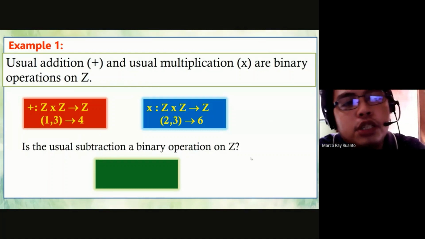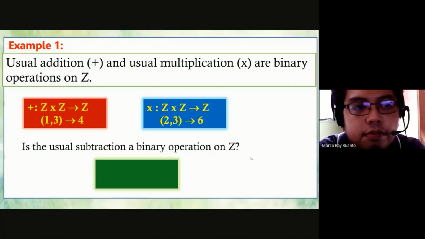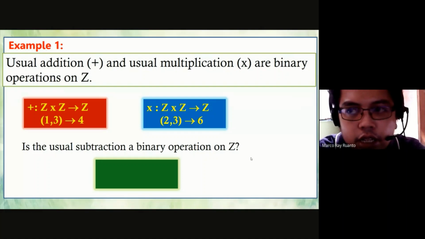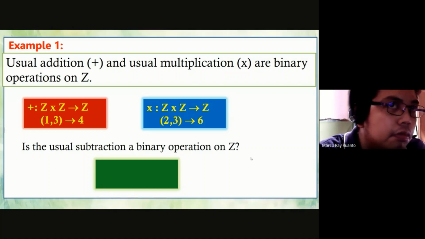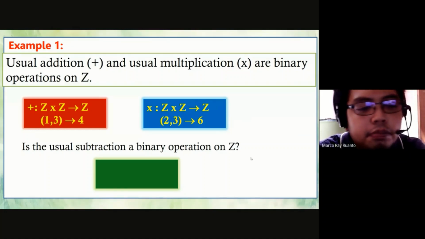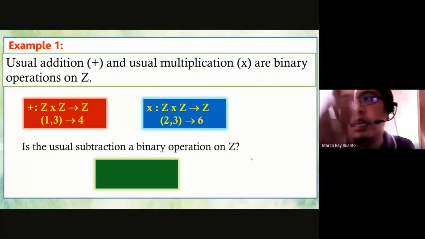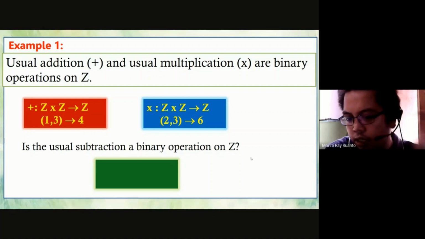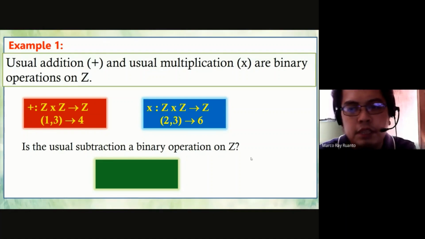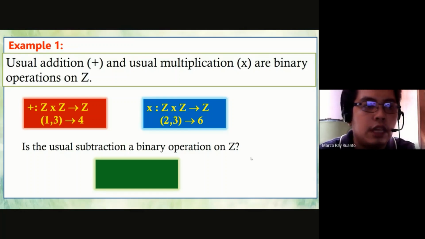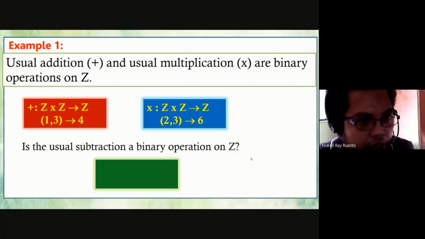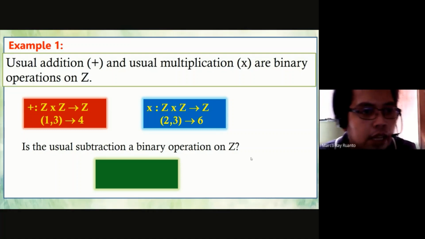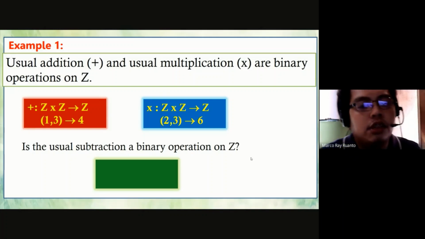Is the usual subtraction a binary operation on Z? Integer minus integer, what is your result? Is it still an integer? When you say integers, they are 0, positive counting numbers like 1, 2, 3, 4, 5, 6, 7, 8, 9, 10, and the negatives of those counting numbers like -1, -2, and so on.